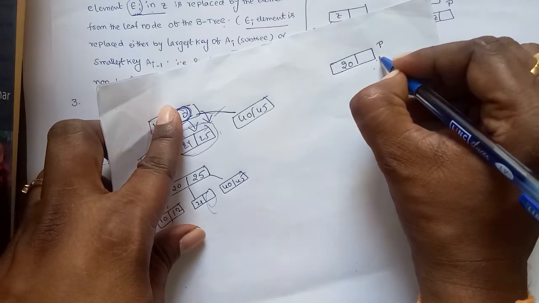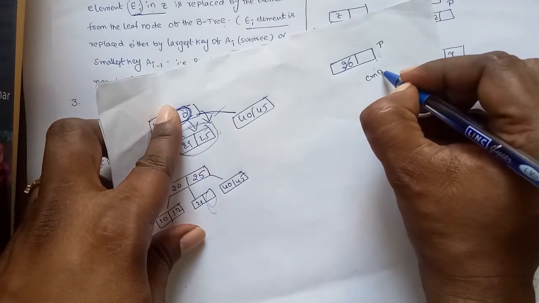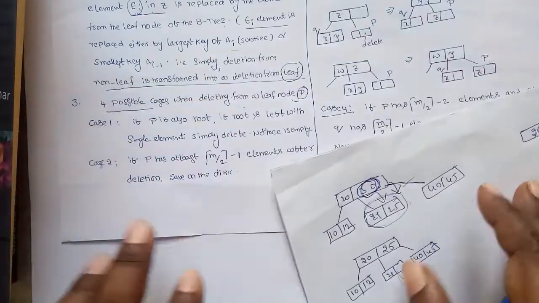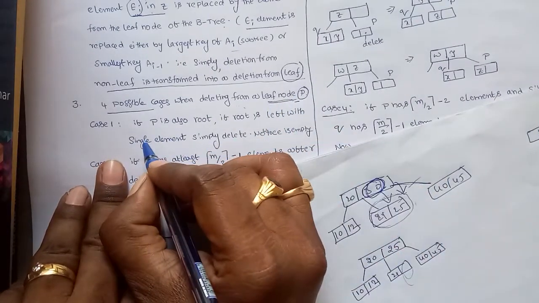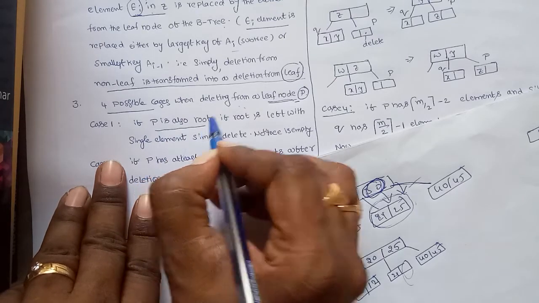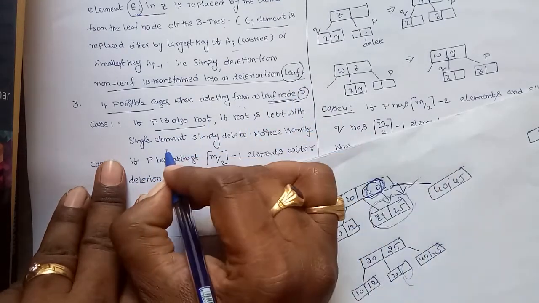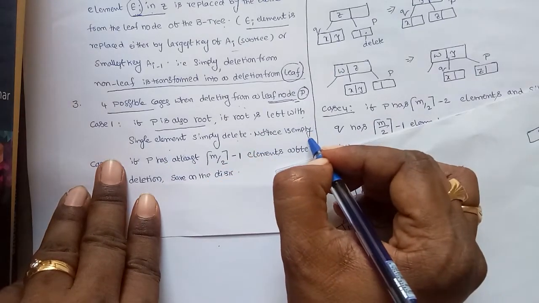Simply delete element 20 and now the tree becomes empty.